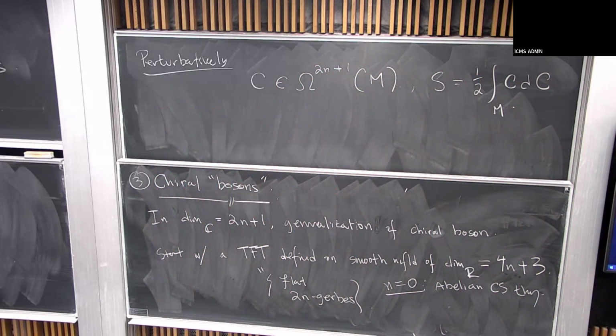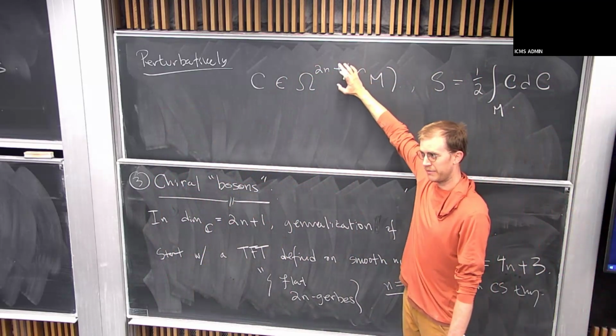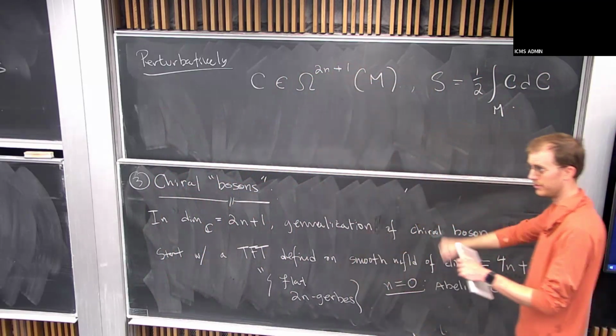Many people call these higher dimensional abelian Chern-Simons theories, but it's not about flat connections anymore, it's about flat gerbs. Because I don't have a connection here, I have a higher degree differential form, which deforms the trivial 2n gerbe.